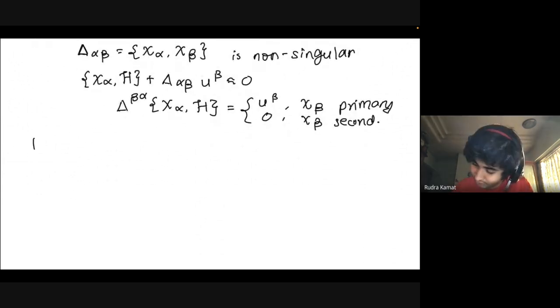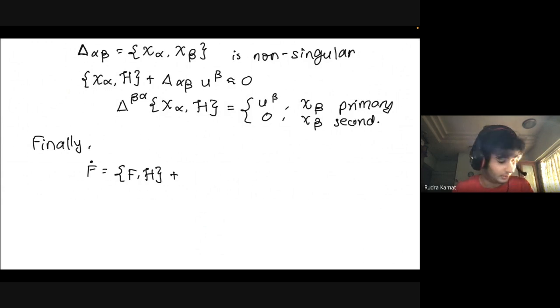You can check this out with the definition. Finally, a general time evolution of some observable f on gamma sub p can be expressed as a bunch of these Poisson brackets.